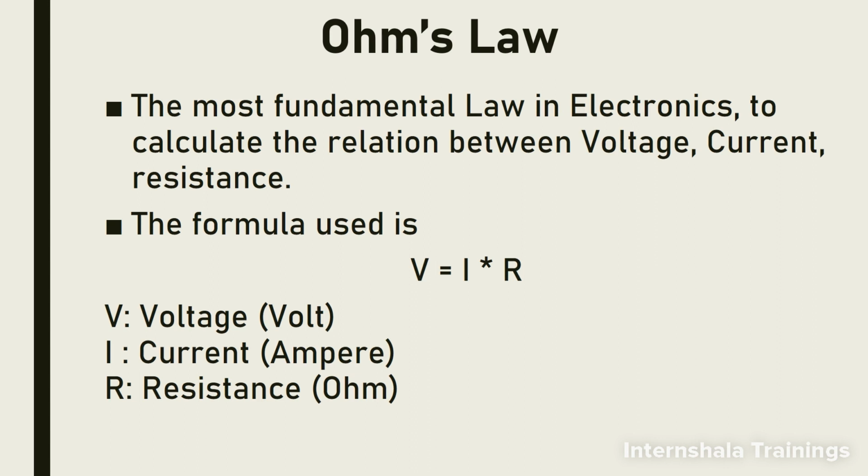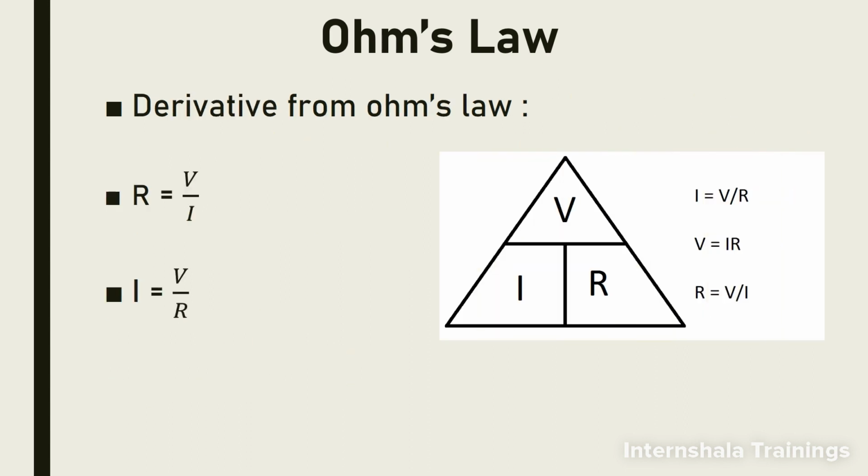The formula is voltage equals current multiplied by resistance. The relation between the voltage and the current is proportional. When we have a fixed resistance, increasing the voltage will increase the current flowing in the circuit. From this law, we can also calculate the current and the resistance if we manipulate the original formula like this.